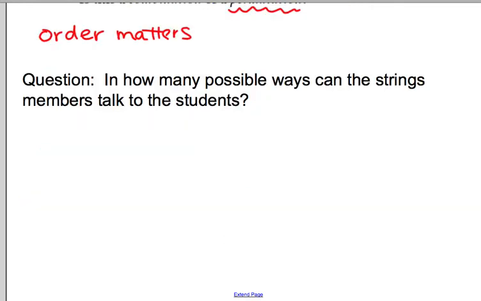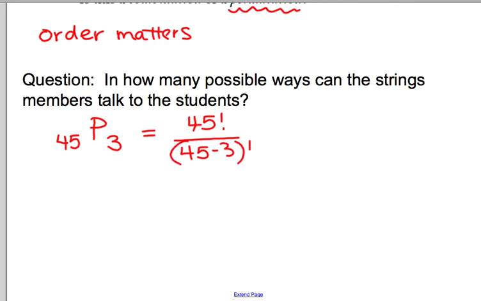In how many possible ways can the strings members talk to the students? So we're going to do 45, total students in the string, permutation, 3 students go out. So it's 45 factorial over 45 minus 3 factorial. Simplify that. 45 factorial stays as it is. 45 minus 3 is 42 factorial.